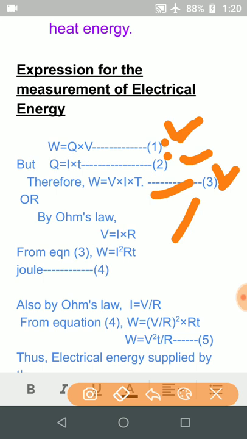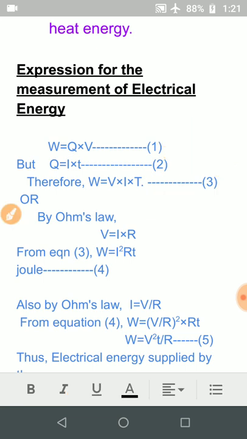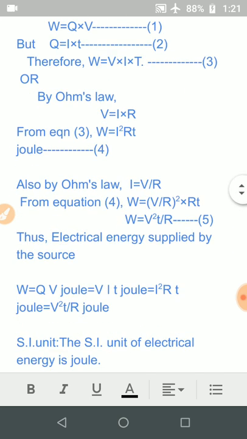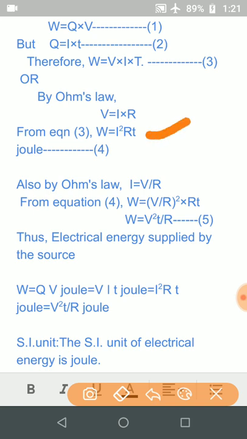Here the resistance means the substance or the conductor resists the flow of current, that is called resistance. From equation 3, W is equal to I square RT, call it equation number 4.